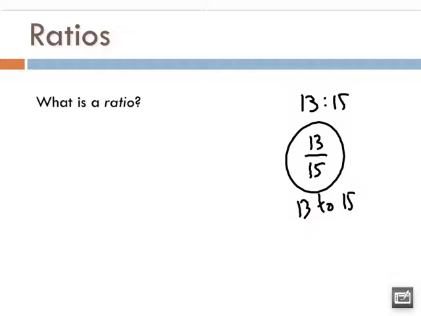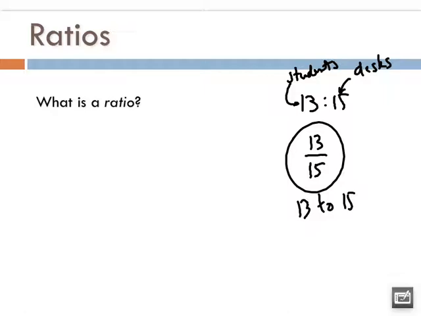So for instance, the question I would have is we have a ratio of 13 students to 15 desks. And David, the question I would have for you is if there's 300, no, there's more than that.